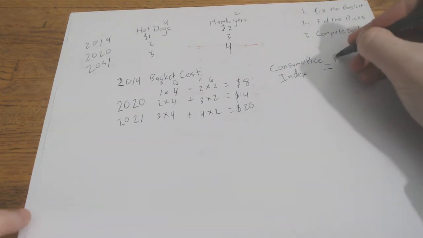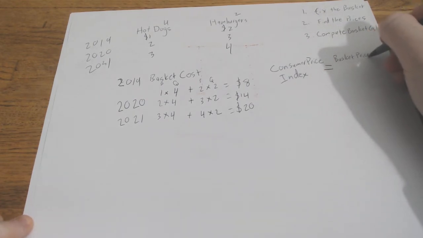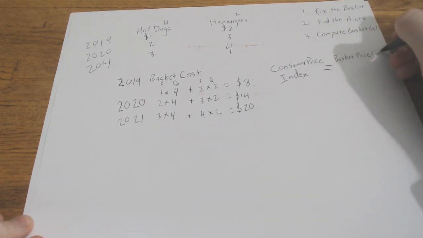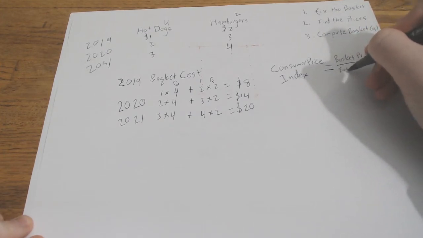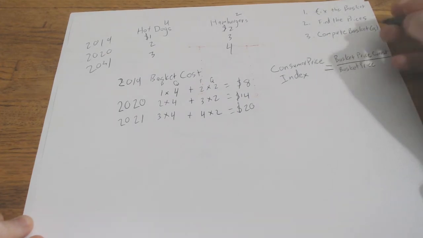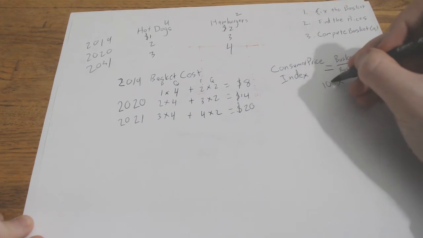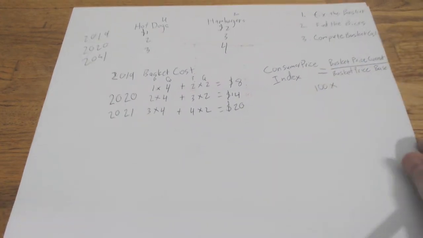So basket price current over basket price base, for base year. And then we also are going to multiply this by 100 once we're done. Just ran out of room.